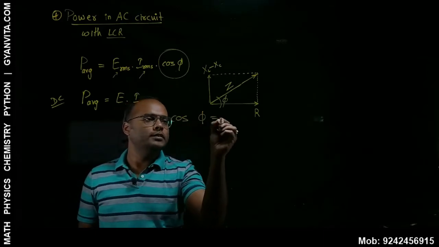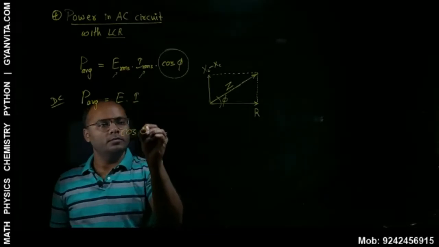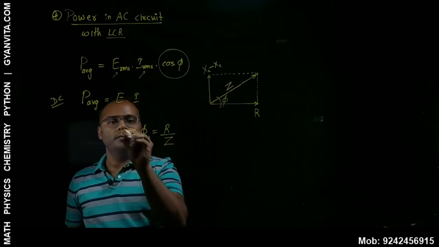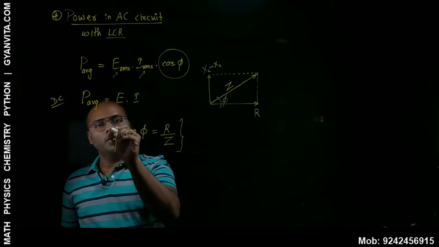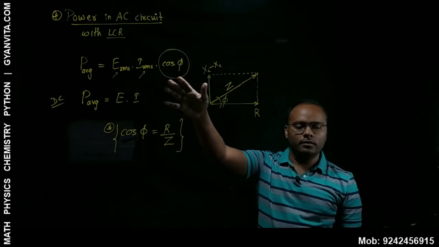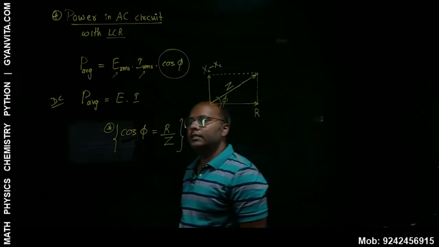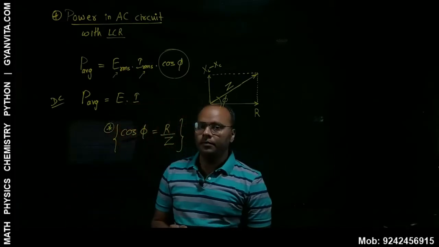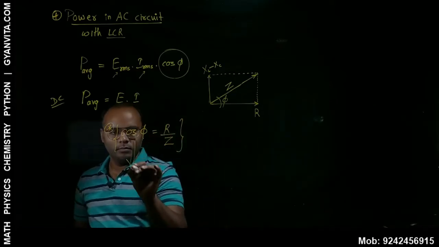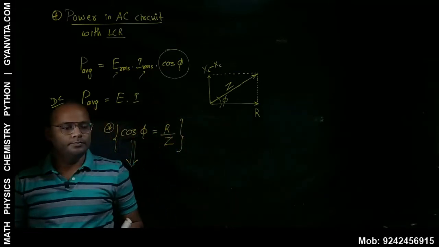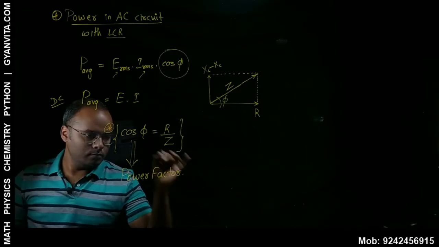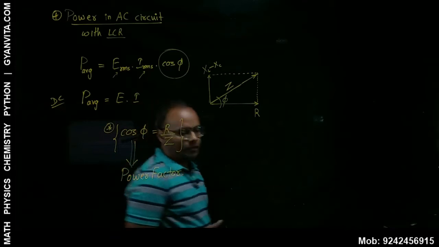From this figure, cos phi is equal to R divided by Z. This cos phi is also very important because this is the factor by which the AC power consumed gets multiplied. So cos phi equals R by Z. And this cos phi is given another name, that is power factor.